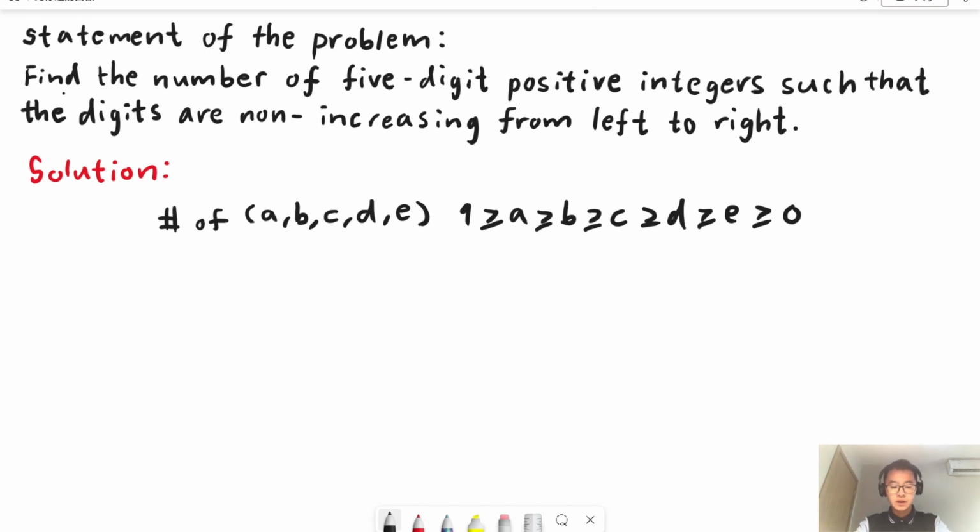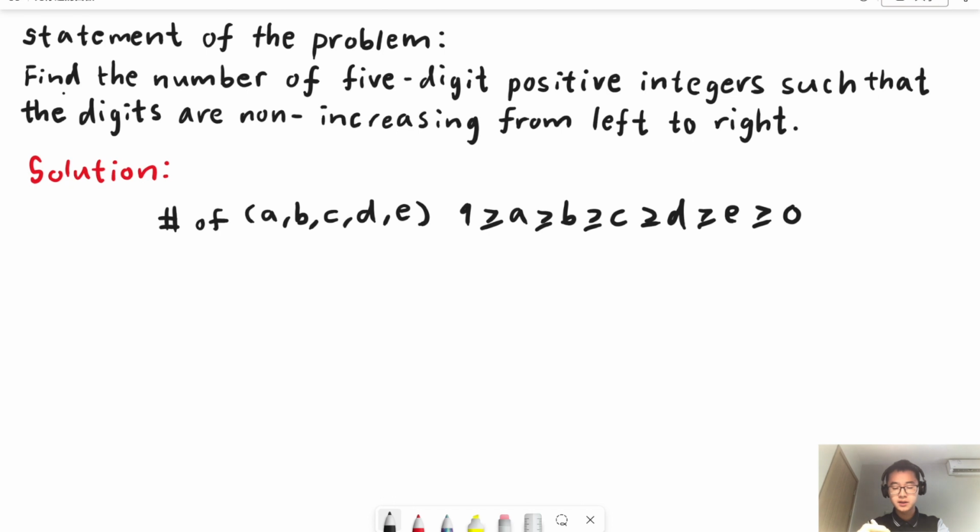Okay, so if we wanted to count the number of orderings directly, we would have to do casework based on whether A, B, C, D, E were distinct or not. If A, B, C, D, E was distinct, then we'd be able to count it easily using combinations.